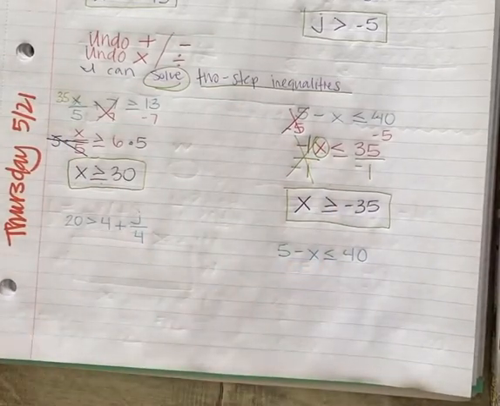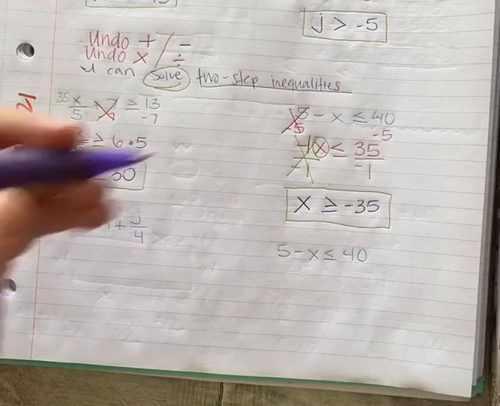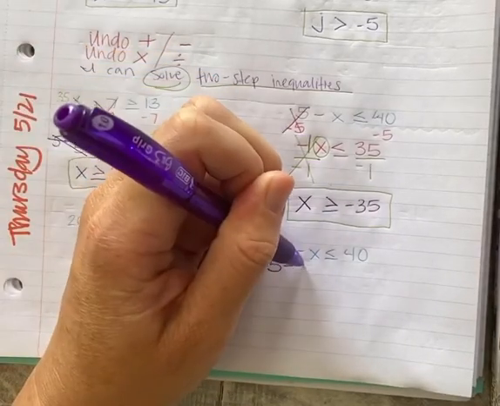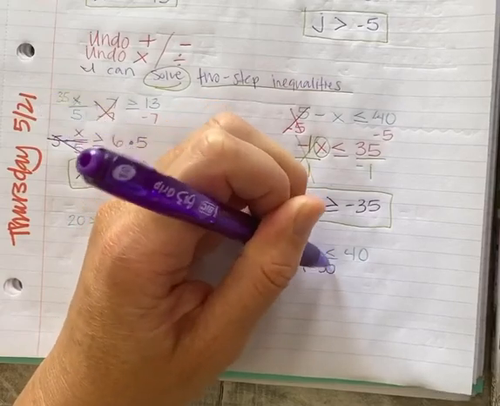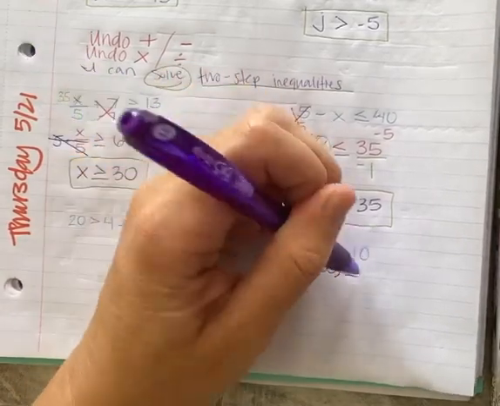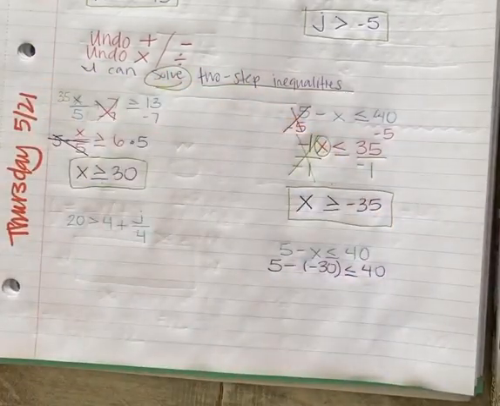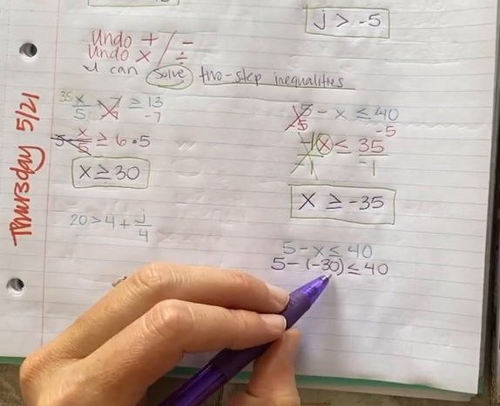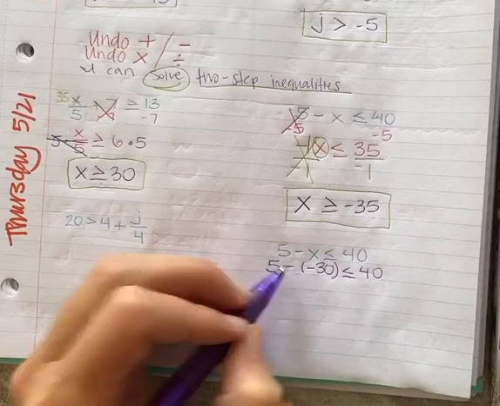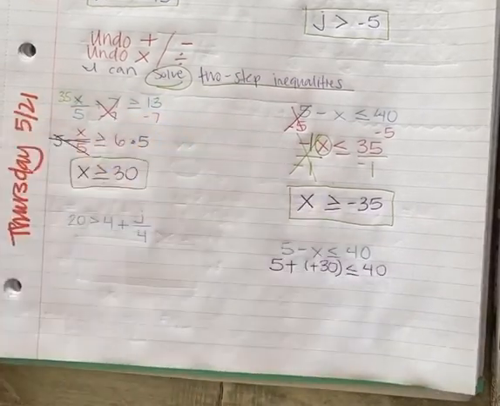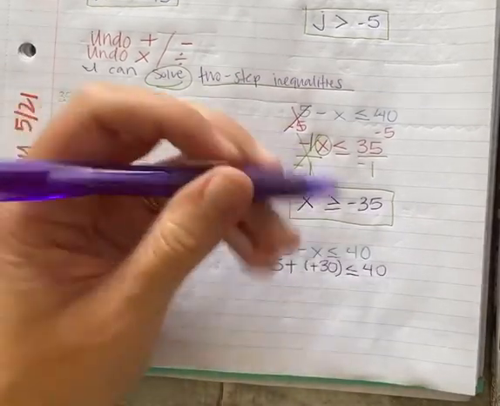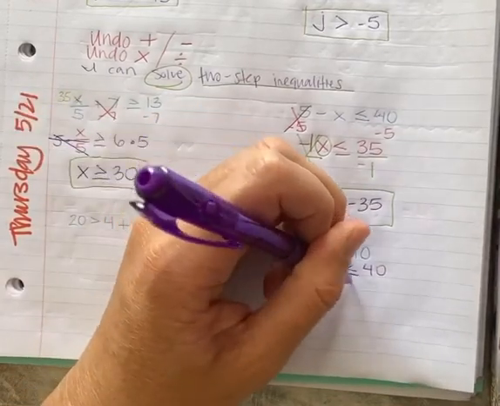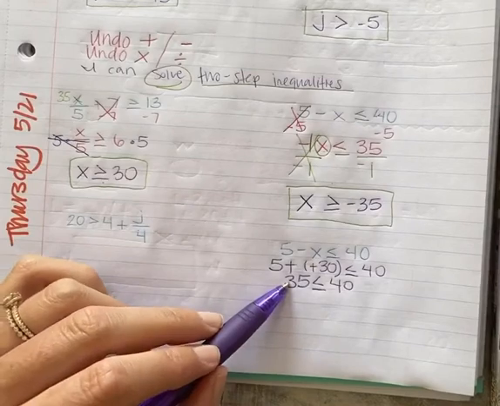If I replace x with a negative 30, that means this would be 5 minus a negative 30, less than or equal to 40. When we subtract, that's the same as adding the opposite. So really this is like 5 plus 30, which is 35. And 35 is still less than or equal to 40. So that's why this is true.